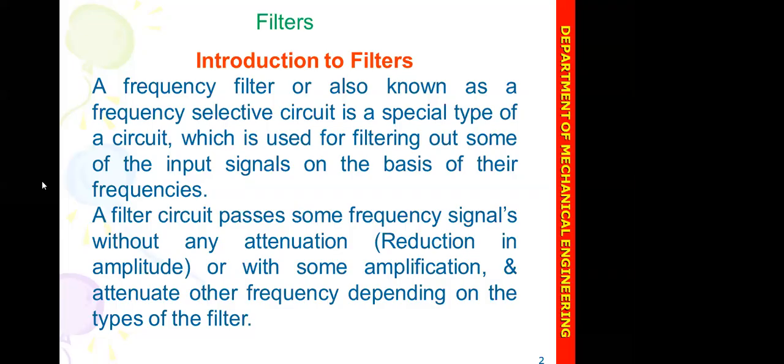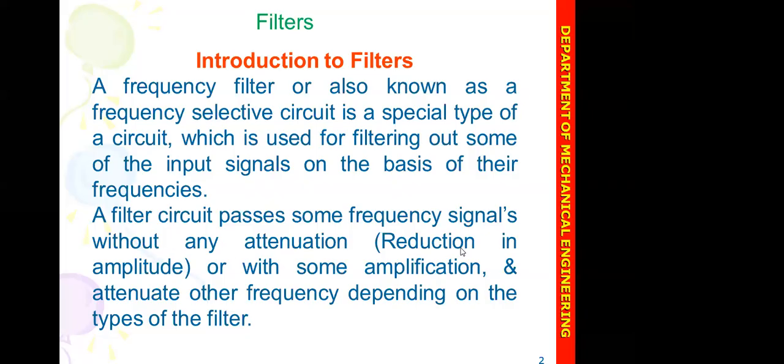So we are using a filter. With the help of the filter, we can remove the unwanted frequencies from a signal. Only a certain band of frequencies is permitted, so the output is satisfactory or useful. A filter circuit passes some frequency signals without any attenuation.